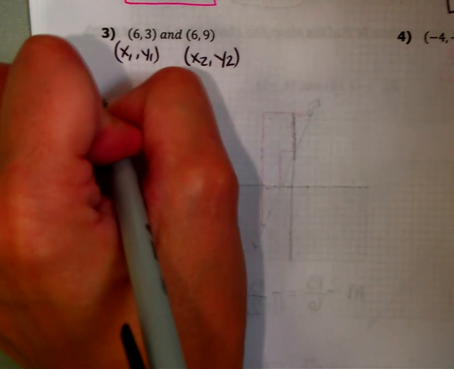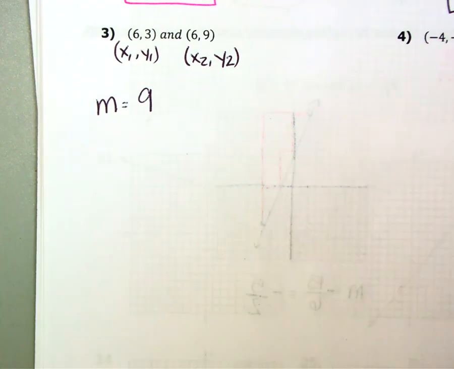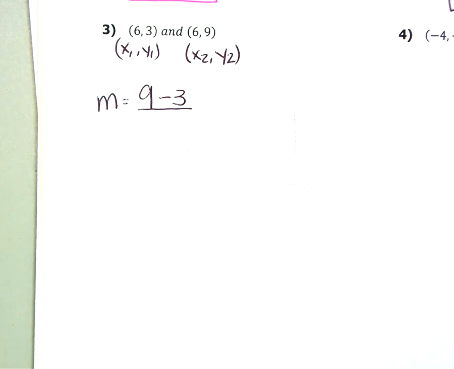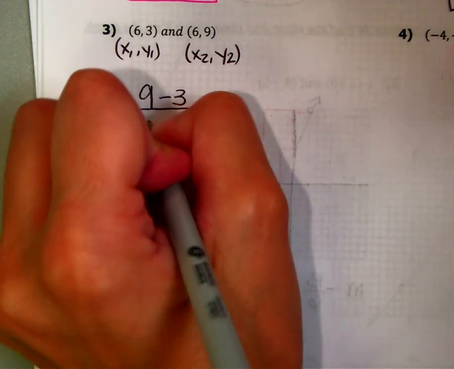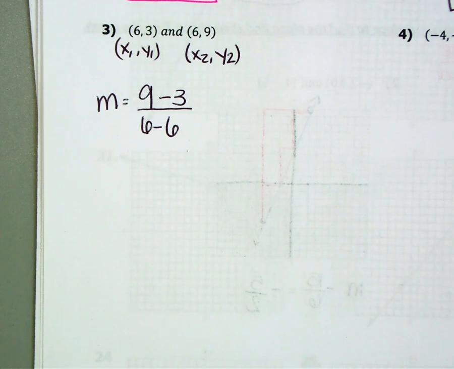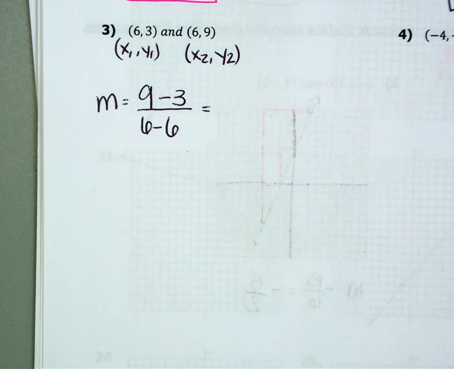All right. y2 is 9, minus 3, y2 minus y1. x2 is 6, x1 is 6. We don't have any double signs. There's no minus or negative, no plus or plus. Nothing like that. So we can just go straight into it.